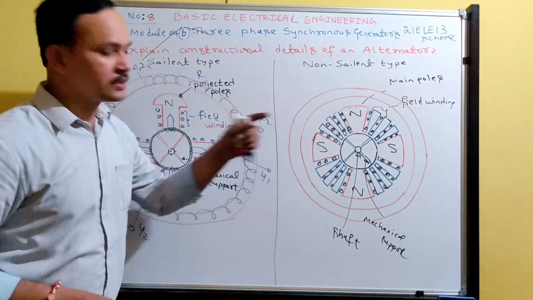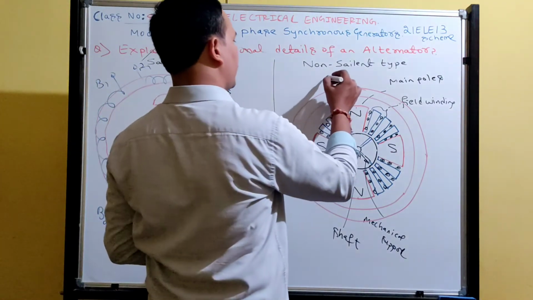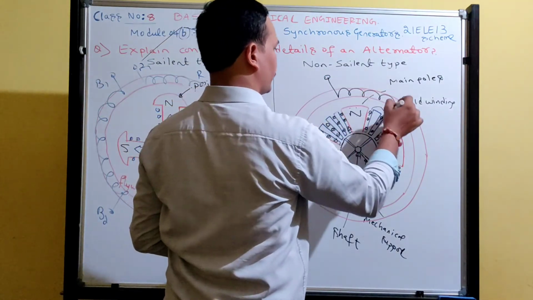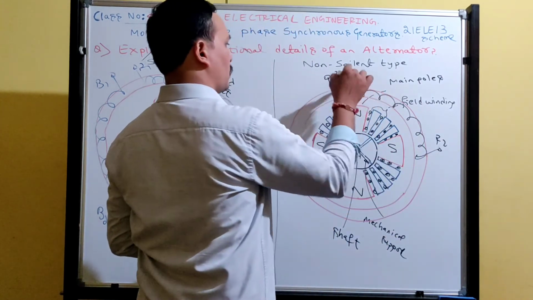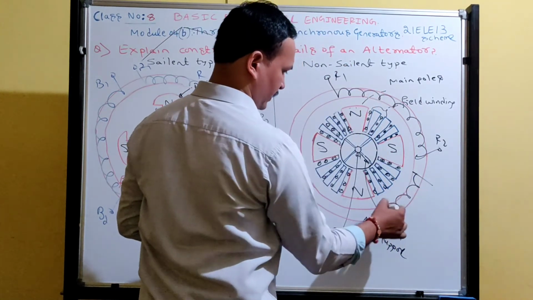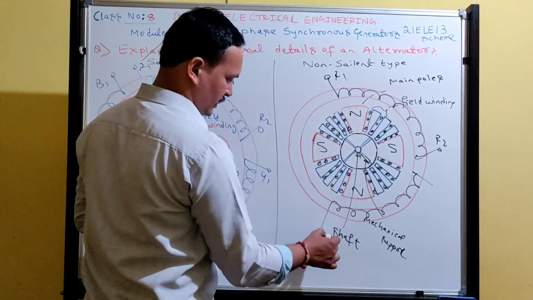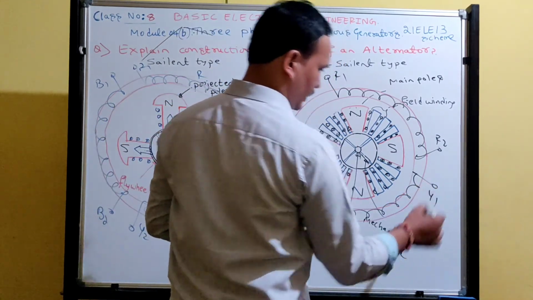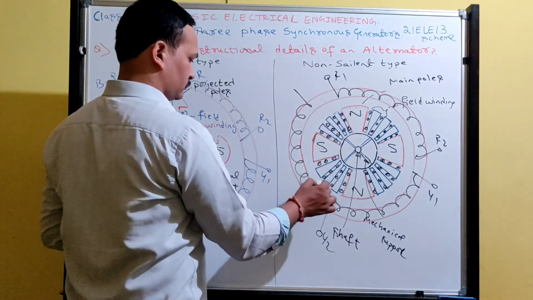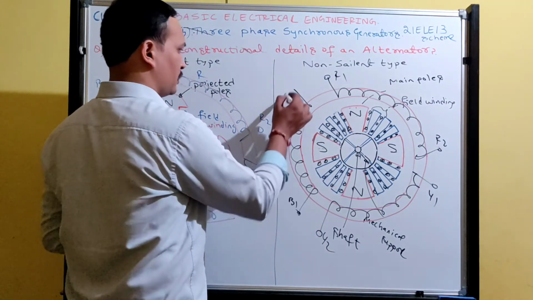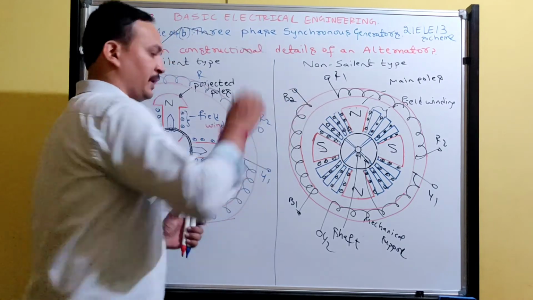This is the rotor, outside is the stator. Let me take the stator to have 3 windings. This is R phase winding, R2, R1, then Y phase winding. All these 3 windings are displaced by 120 degrees with respect to each other. Next is B phase winding, B1 and B2.